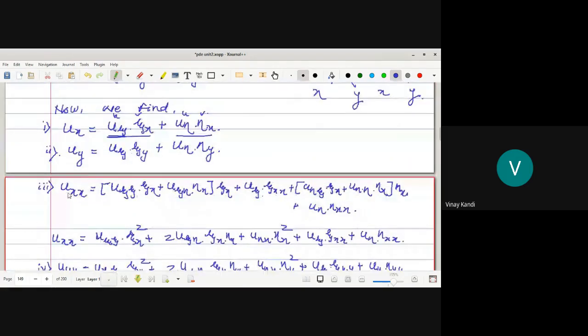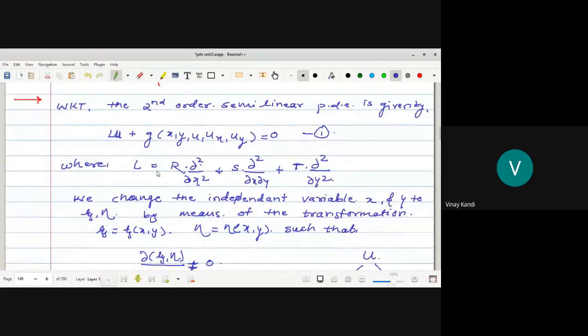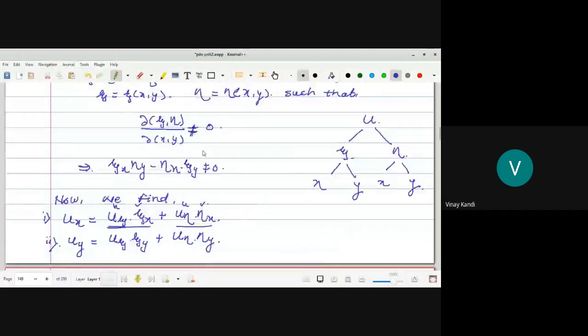So these are the values of u_xx, u_yy and u_xy. Put all the values of u_xx, u_yy and u_xy in the operator Lu, the one with ∂²/∂x², ∂²/∂x∂y and ∂²/∂y².